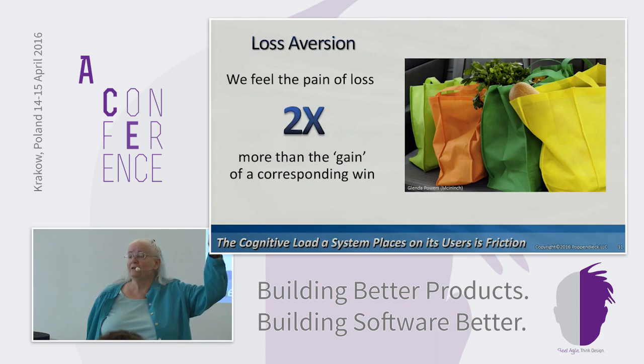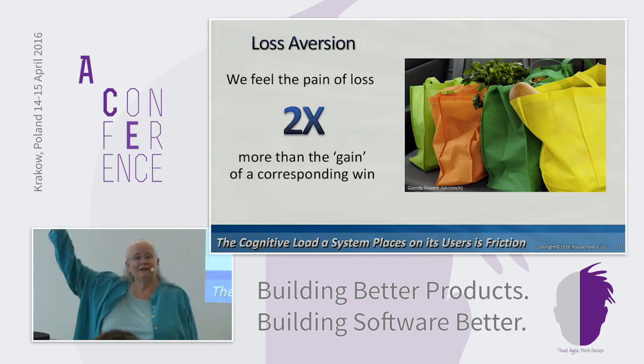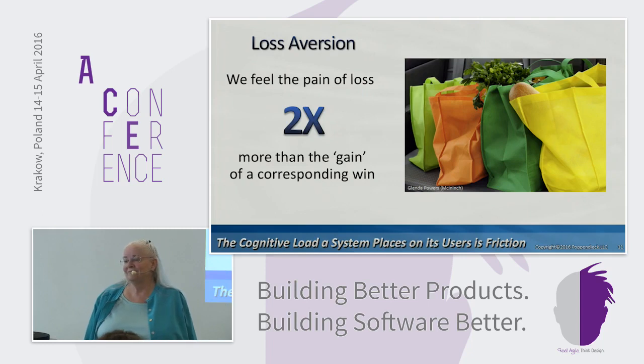Which one? First one? Second one? Why the first one? You don't want to pay 5 cents. You think about that as you leave your house. If I don't bring some bags, I'm going to have to pay 5 cents. The fact of getting 5 cents back is so much less important than paying 5 cents, because that's loss aversion.